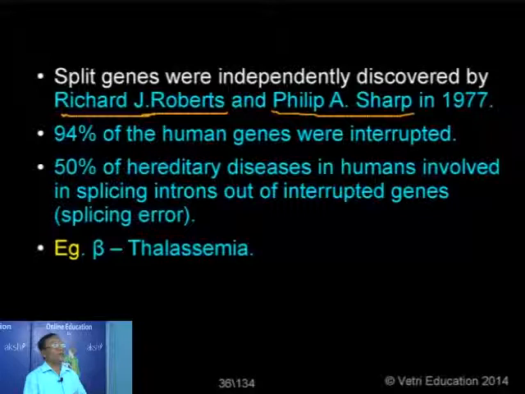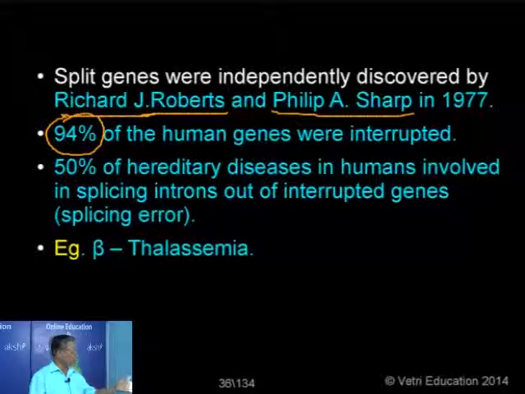In humans alone, 94% of the genes are interrupted genes or split genes out of 100%. Only 6% are pure genes, having only the coding sequences. The remaining 94% contain both coding sequences and non-coding sequences, the unwanted things. Then we have a number of hereditary diseases.